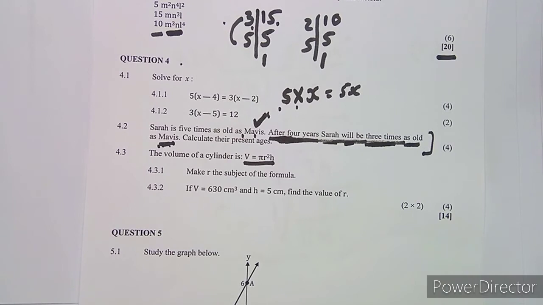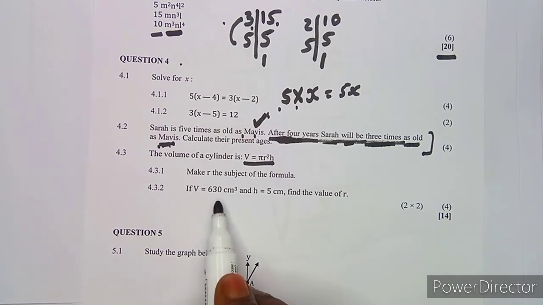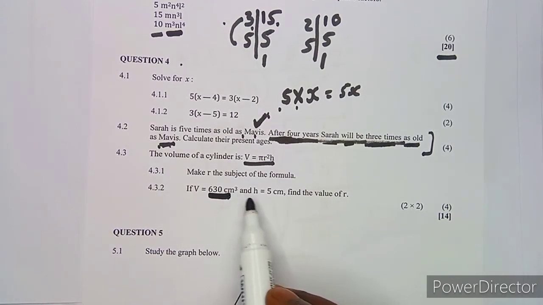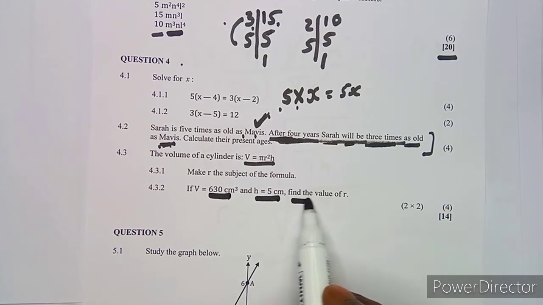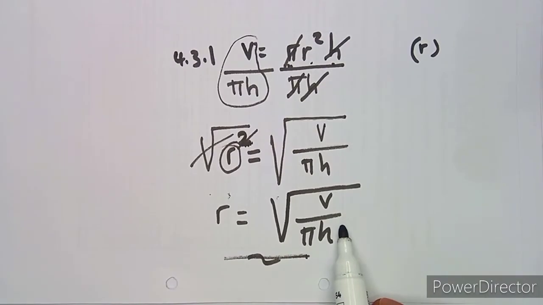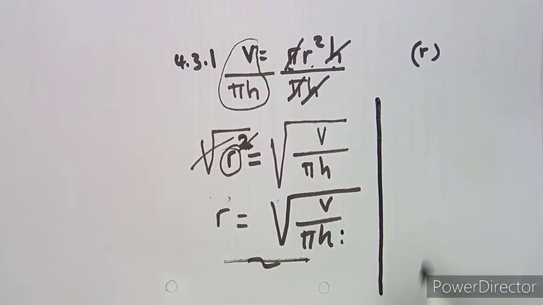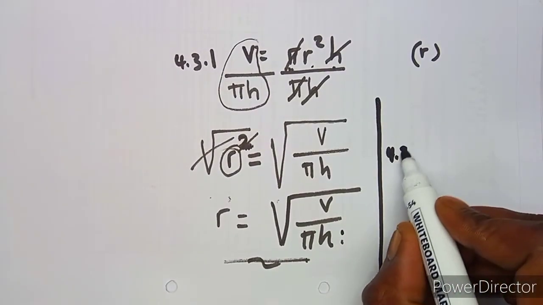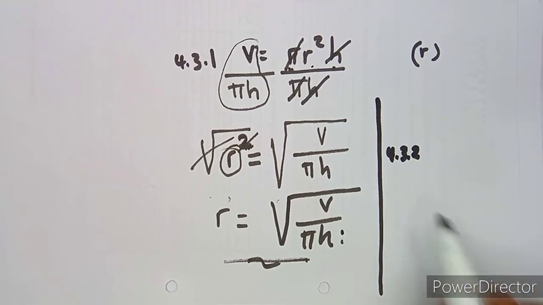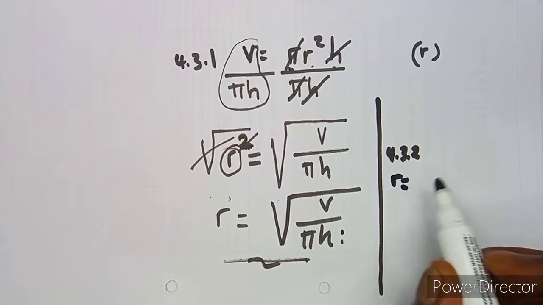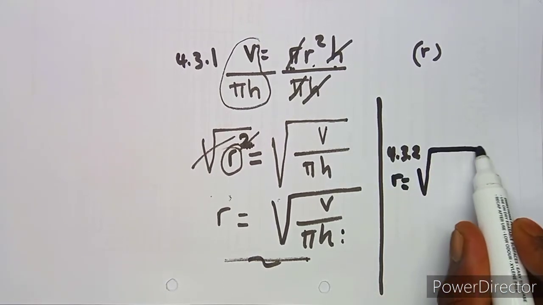Then they now later on give us on 4.32, if the volume now is equivalent to 630 cubic centimeters and the height is 5, then find the value of R. So this one is just a matter of substitution into the formula. This is 4.32. You're not supposed to do this, you're supposed to write it on a fresh page, guys, okay? But because I want you to see the answer only here.